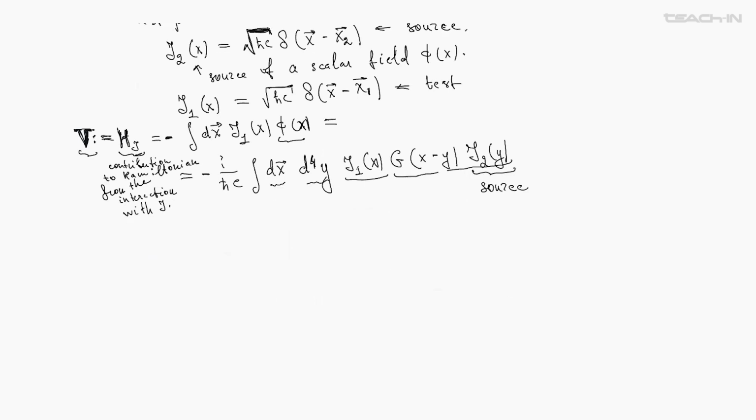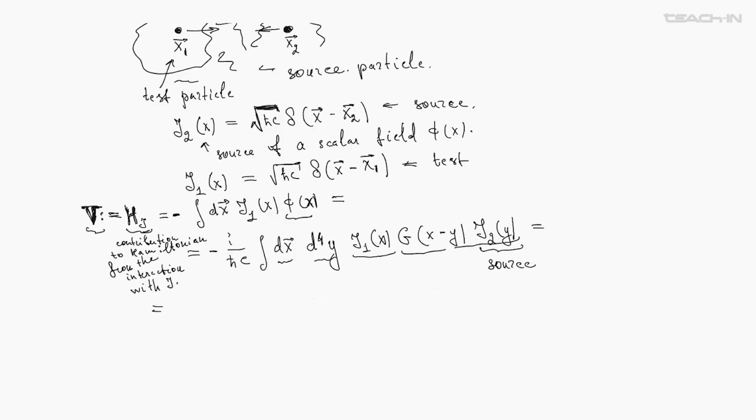For simplicity, let me also do the following. Here I just introduce a source with a unit value of charge. But if you want an arbitrary value, then you may multiply it with a number. So let's multiply each of these sources with a number q.